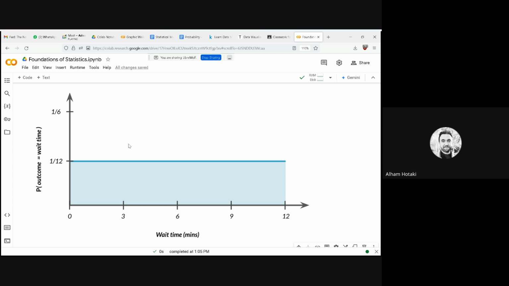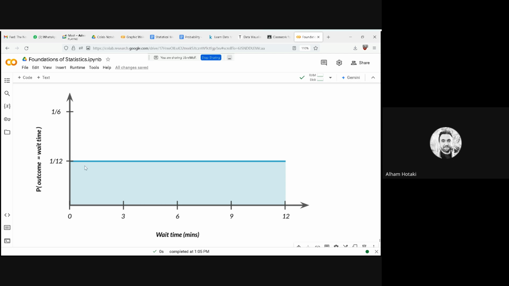So if 12 is the total number of outcomes, then waiting 1 minute is 1 by 12. So the probability will be 1 by 12. Do you get what I'm saying? Should I explain it again? You have 12 minutes, and each minute you're waiting.